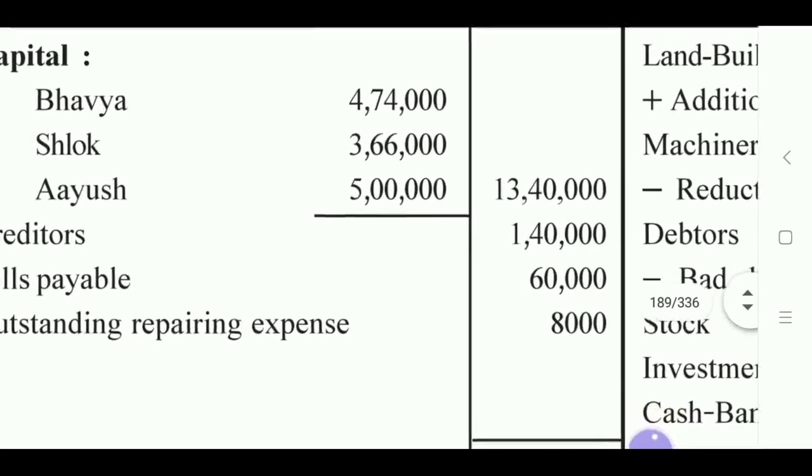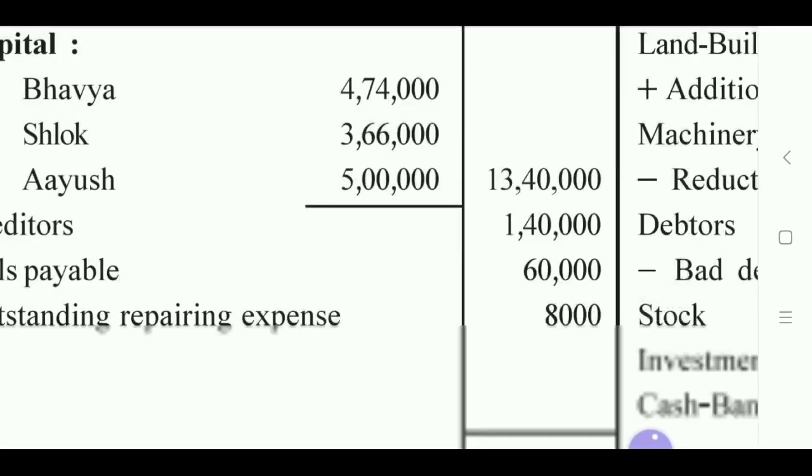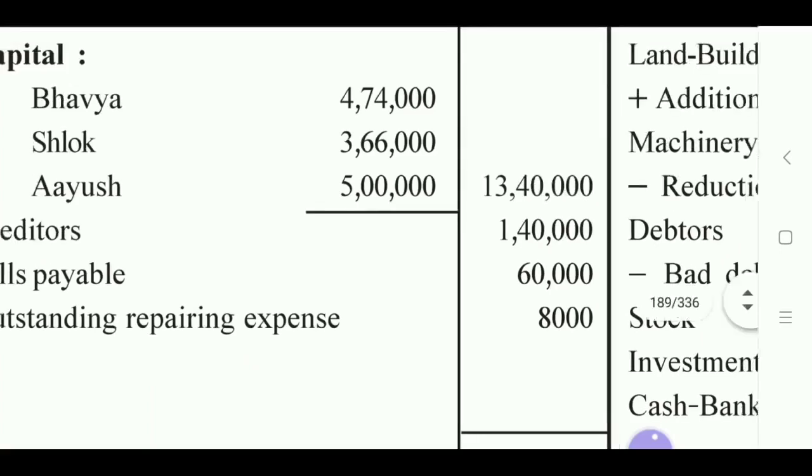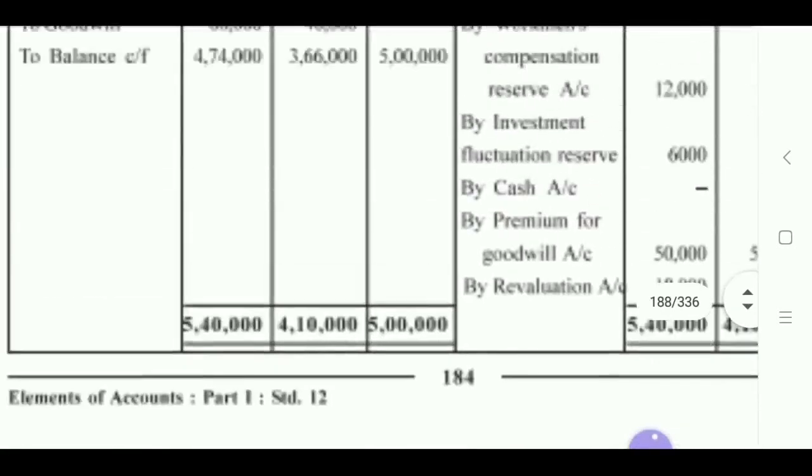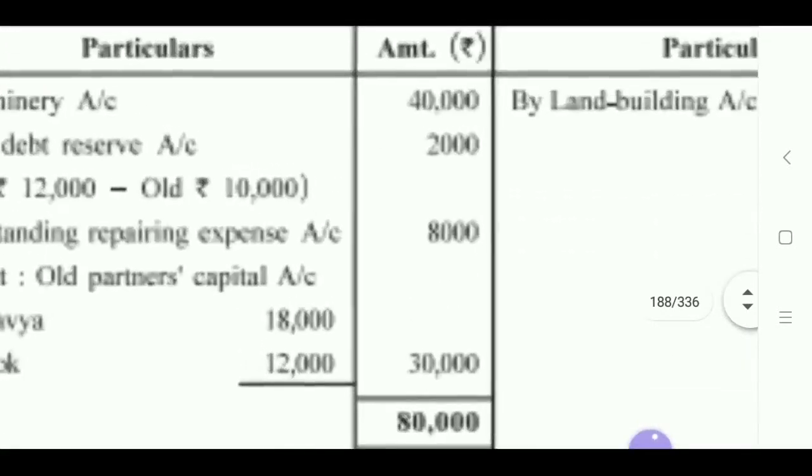and we have outstanding expense here, 8,000. We have had a journal entry regarding this. Revaluation account debit 8,000 to outstanding repairing expense 8,000, regarding which the first effect we have written on the revaluation account debit side, 8,000.